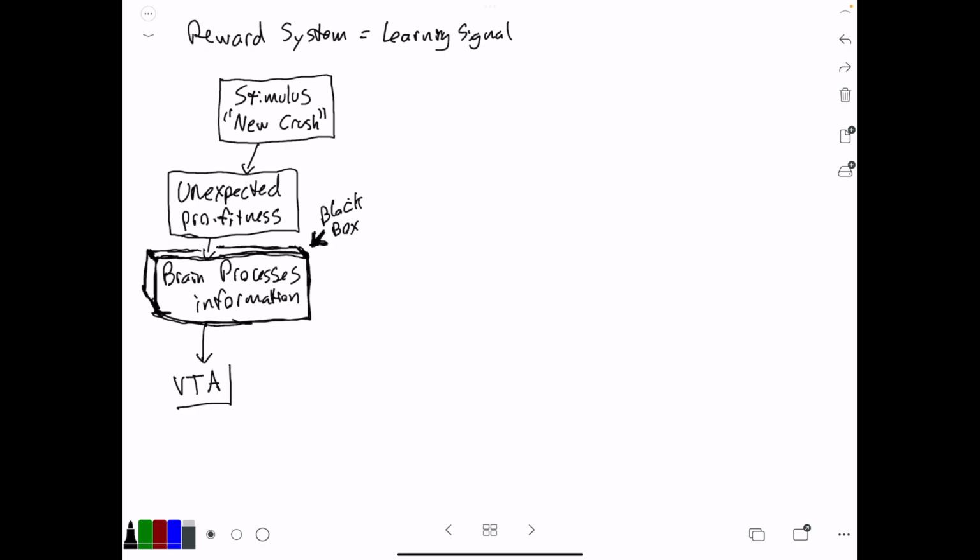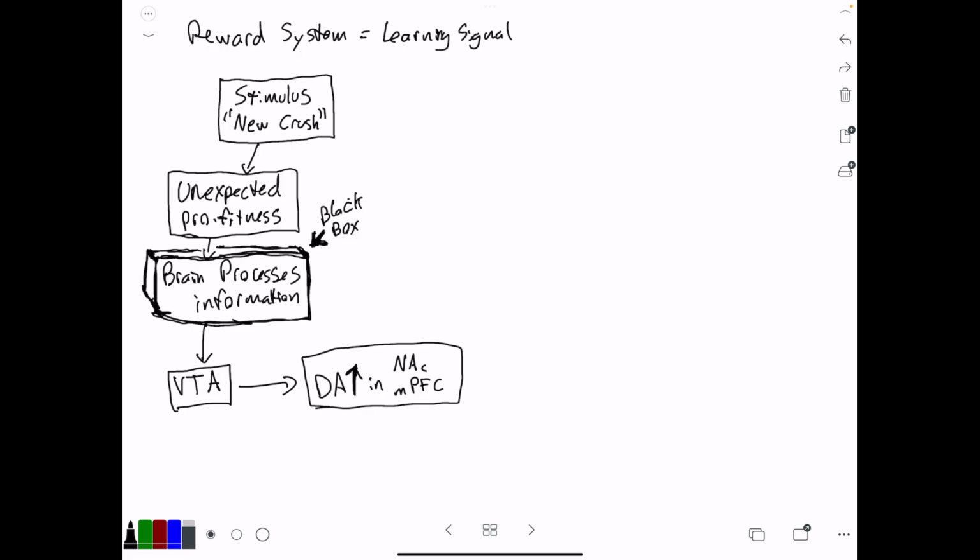And it's the VTA that then transmits and releases dopamine, both in the nucleus accumbens and also to the medial prefrontal cortex, right? Nucleus accumbens being part of our mesolimbic pathway, and the medial prefrontal cortex being part of our, if you remember, mesocortical pathway.